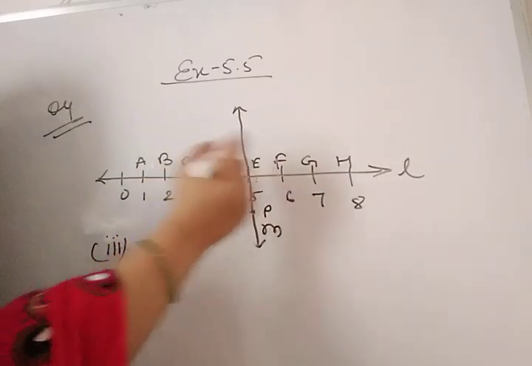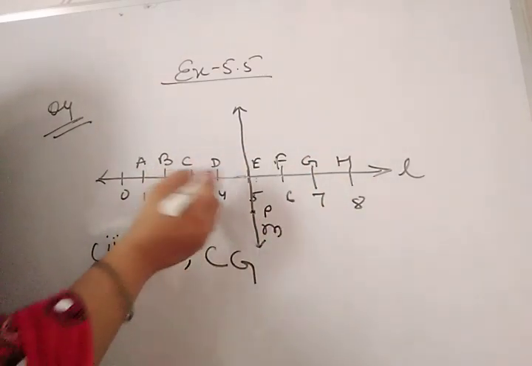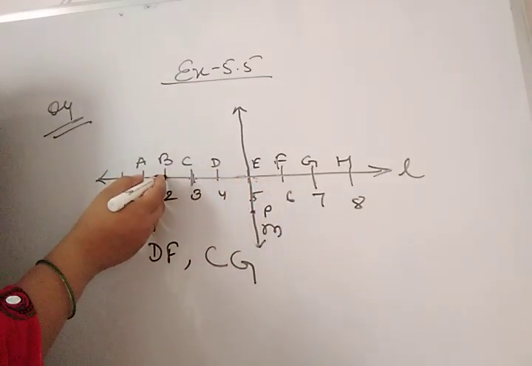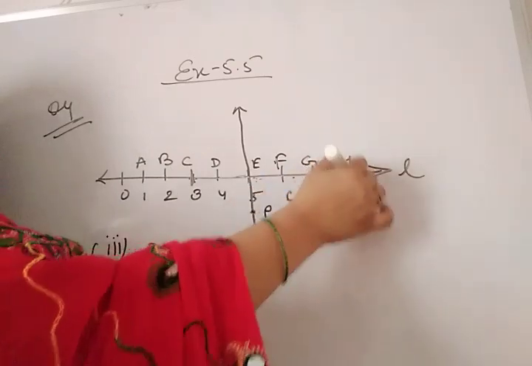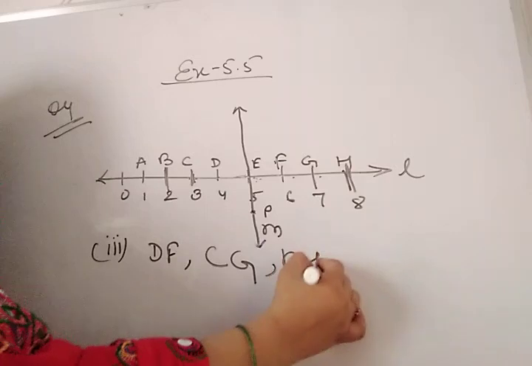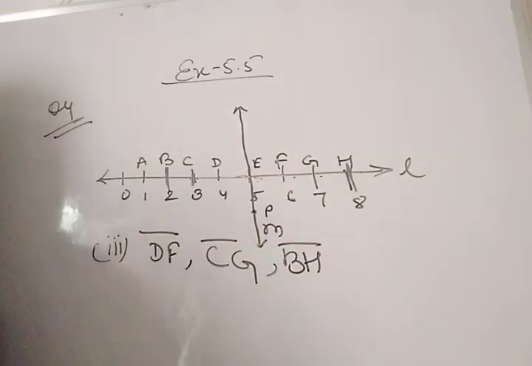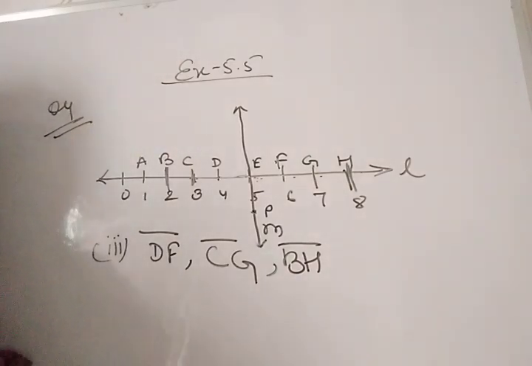Then what line segment will you get? CG. Now you move 3 units left-hand side and 3 units right-hand side. Then what line segment will you get? DH. These are the line segments for which PE is the perpendicular bisector.